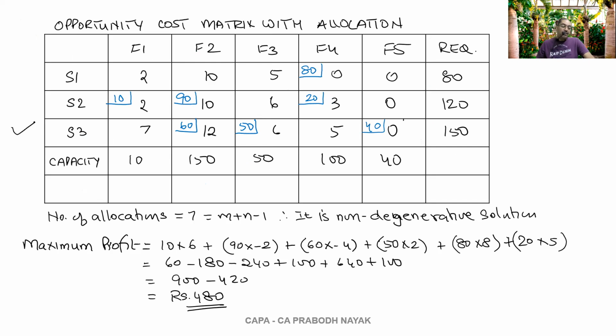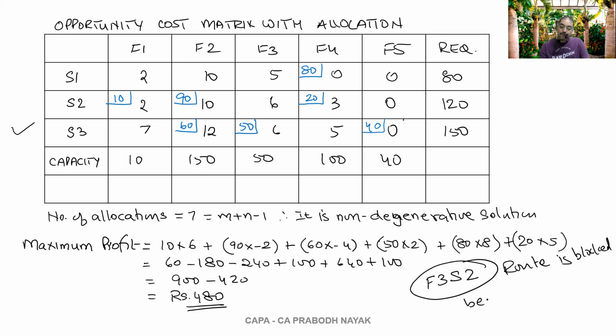In that, sometimes, if I want to create some interesting thing, what I can do is tell you that one of the routes, because now it is monsoon time, so I'll give you this: the F3S2 route is blocked because of sudden floods.